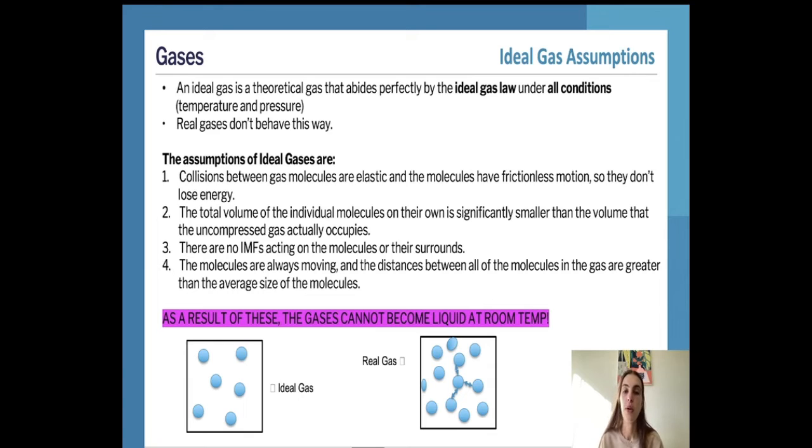All molecules are always moving, even in a solid, where we still have small movements. But gaseous molecules are particularly kinetic and move quite a bit. However, the distances between the molecules in the gas are not always going to be greater than the average size of the molecules.